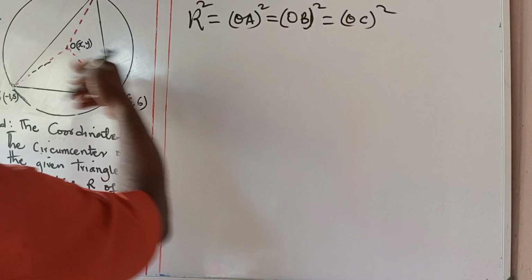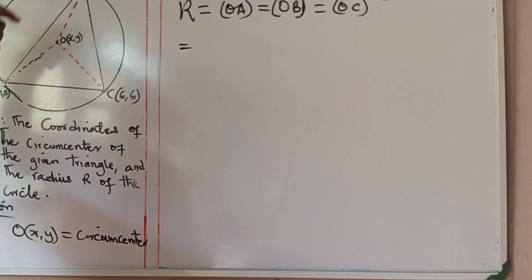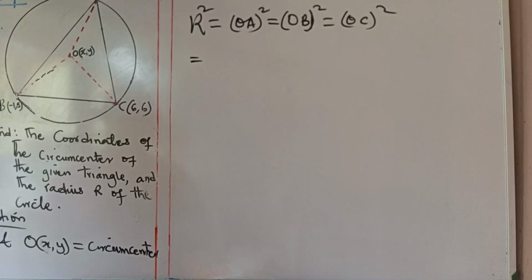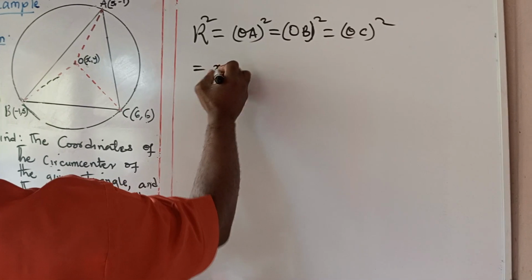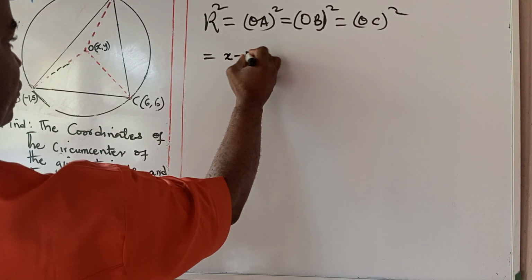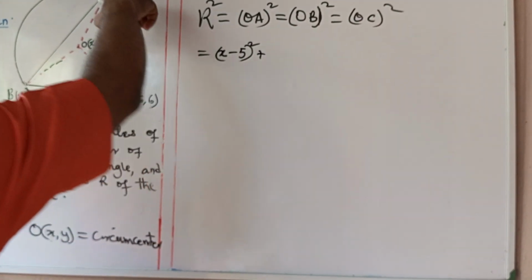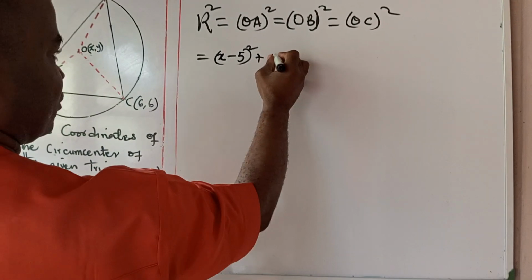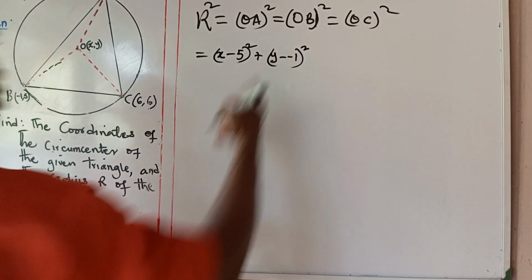If you look at the coordinate of A from O using the distance between 2 points, we say that this will be equal to x minus 5 squared, plus y minus minus 1, y minus 1, which will become plus.